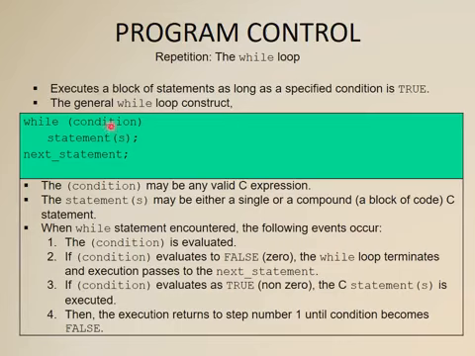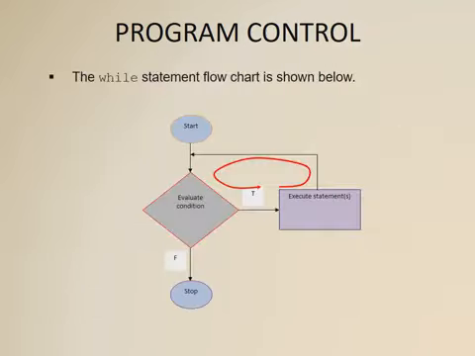Whenever the condition becomes false, it will exit the loop and go to the next statement. This is what the while loop flowchart shows. Start, then evaluation. If this is false, it will stop the execution. If it is true, it will execute the statement and again repeat the condition check and execution of the statement until the condition is false.